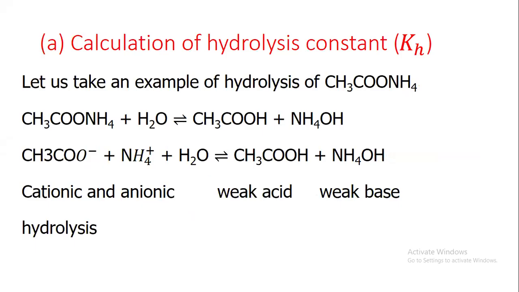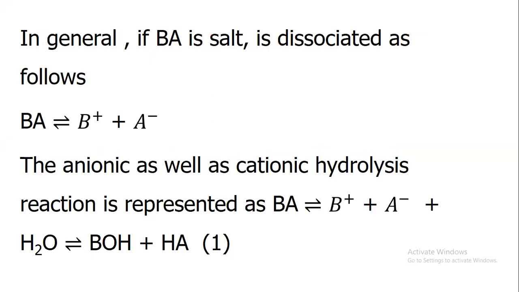Calculation of hydrolysis constant in this case. Let us take an example of hydrolysis of ammonium ethanoate. Ammonium ethanoate reacts with water and produces ethanoic acid plus ammonium hydroxide, and similarly ethanoate ion and ammonium ion react with water to produce ethanoic acid and ammonium hydroxide.